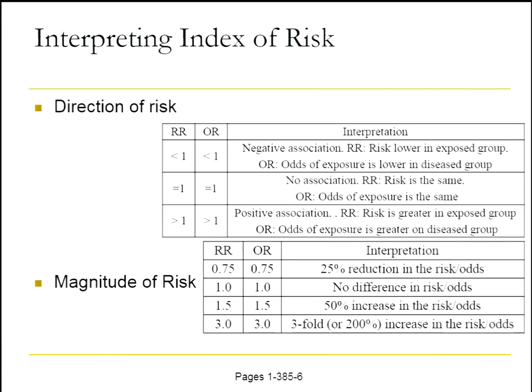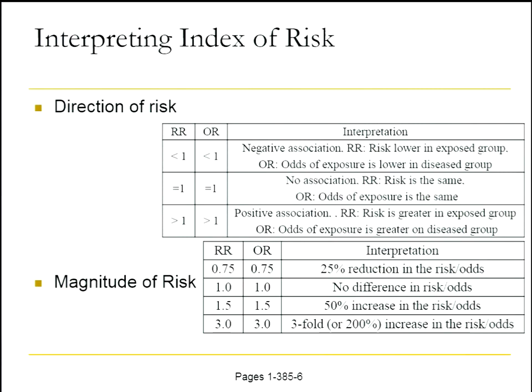So let's look at the direction and the magnitude of an odds ratio and a relative risk and make some conclusions about what these things mean. The first table, on the upper half of this slide, describes how to interpret the direction of risk. You have a relative risk and an odds ratio, and these two things mean slightly different things.